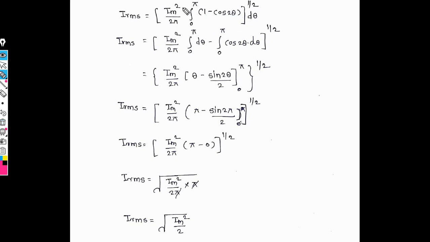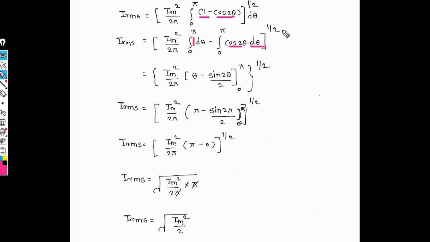Then Im square upon 2 pi into the integral from 0 to pi of (1 minus cos 2 theta) d theta. Then we separate the integration: 1 into d theta minus the integral 0 to pi of cos 2 theta d theta.